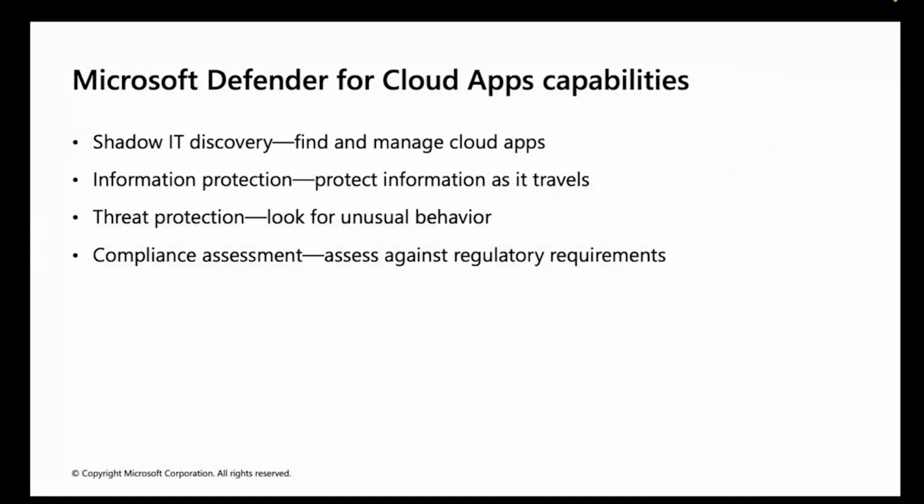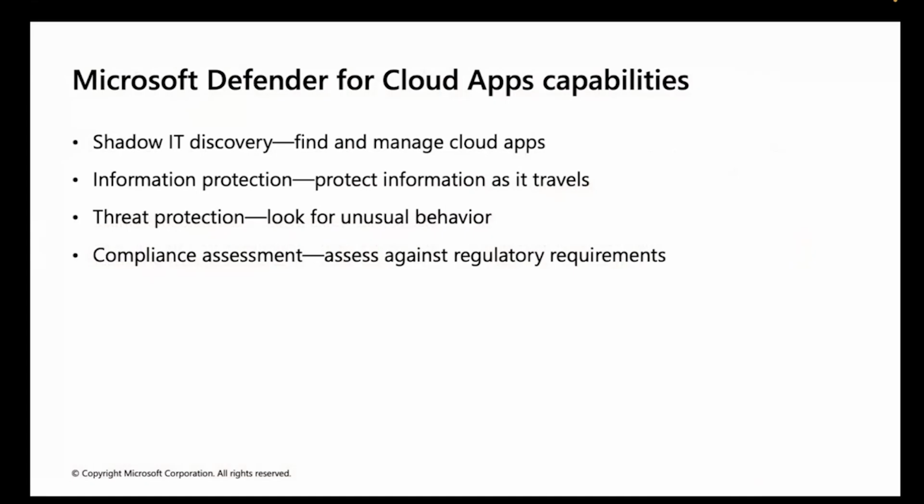It looks for abnormal behavior in user activities, and protects your application from these kinds of abnormal and unusual behaviors. Also, it will check your application against regulatory requirements. It checks compliance and gives information about whether the applications are safe or not. These are the different capabilities we see in MDCA in the Microsoft Defender product.